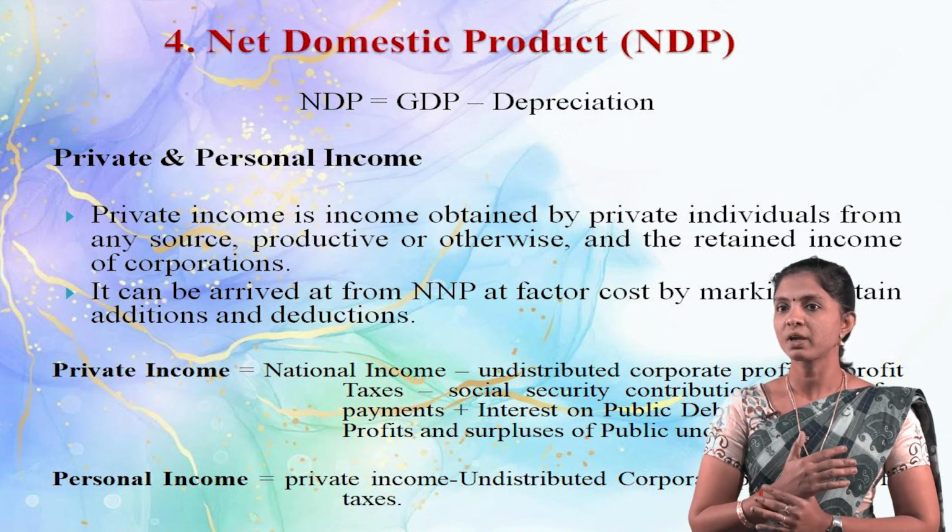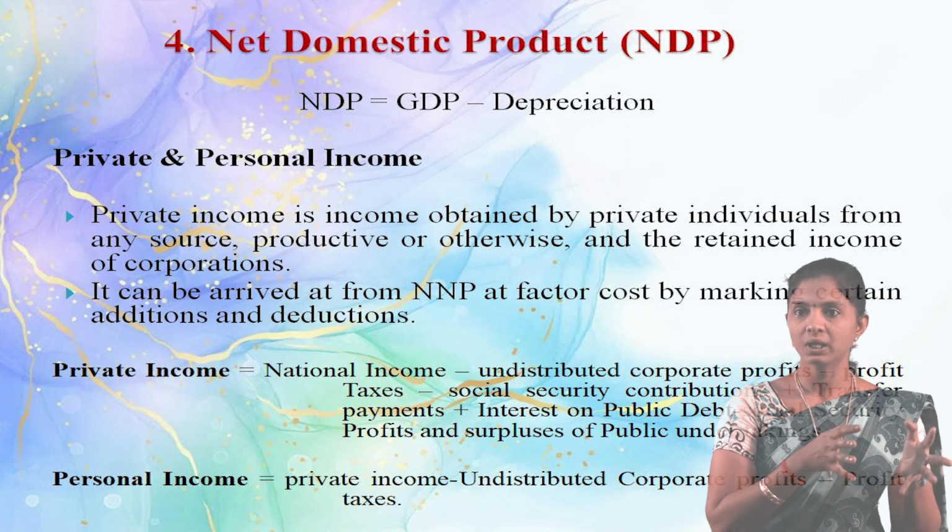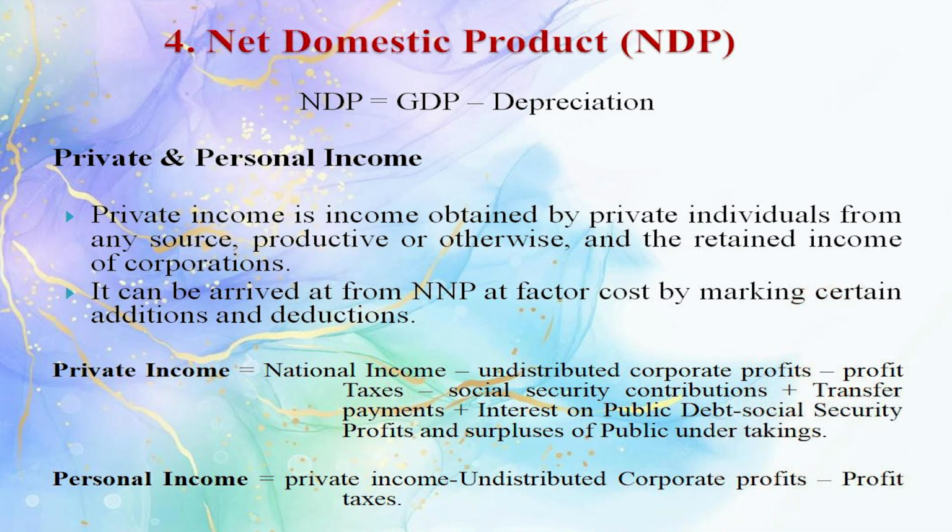So then what is private income? The private income equals national income minus undistributed corporate profits minus profit taxes minus social security contributions. Then add transfer payments and interest on public debt, then deduct social security profit and surpluses of public undertakings. It is called private income.